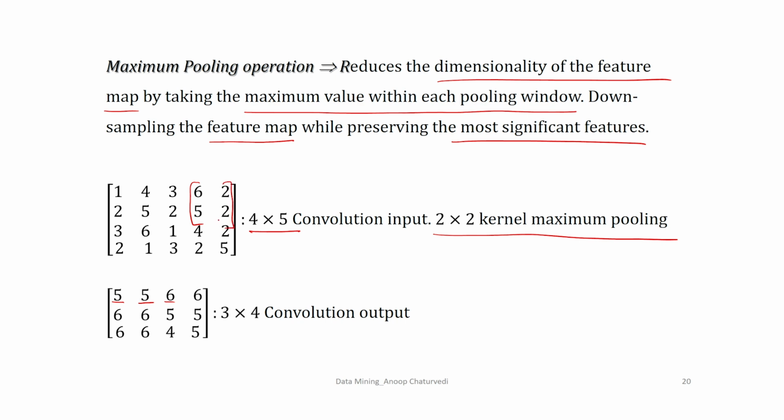We move to this window, again we get 6. Next, we move to this window and the maximum is 6. Again, we move to the next window, we get 6 here, then we get 5, 5. Then at last we get 6, 6, 4, 5. So, we get this 3 by 4 output, and it actually preserves the most significant features. The maximum one it preserves.